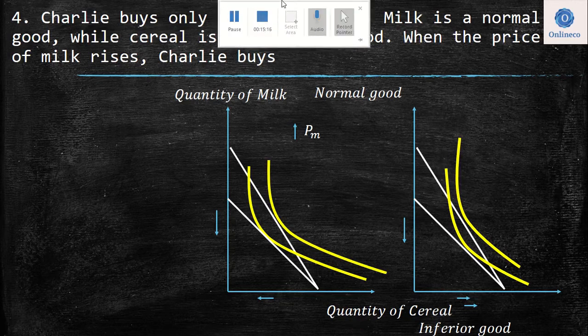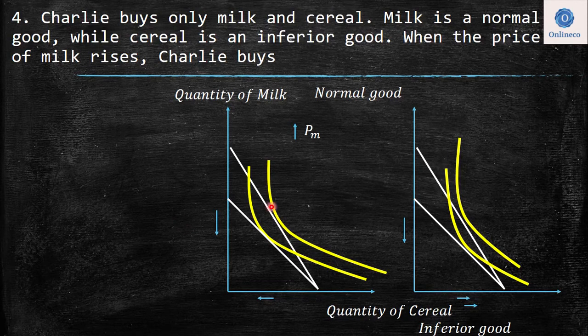When we have an inferior good, it means that when you have higher income, you will start to consume less. Then, when we have an increase in the price of milk, the budget constraint changes slope, it gets flatter, and this should be the new budget constraint. Those are the indifference curves.